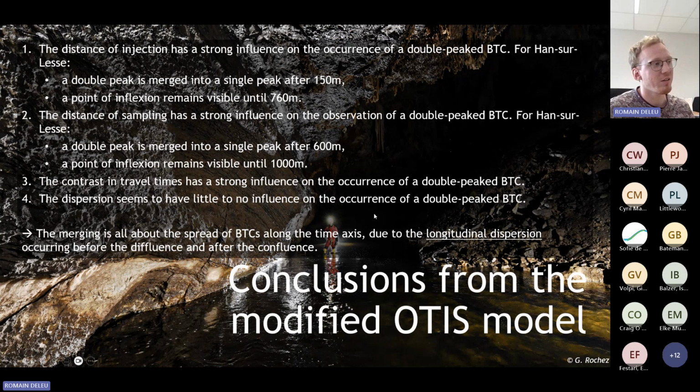If we inject or measure further from the system, we have longitudinal dispersion affecting the curves, which makes them spread along the time axis, which can induce the merging. So the longitudinal dispersion occurring before the system and after the system are very important for the observation of a double peak.